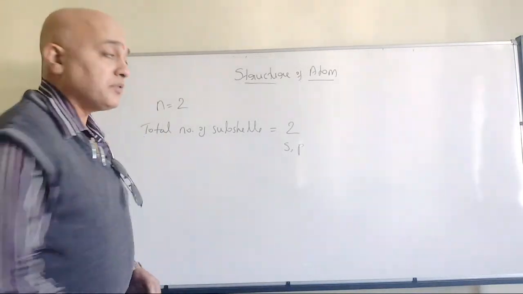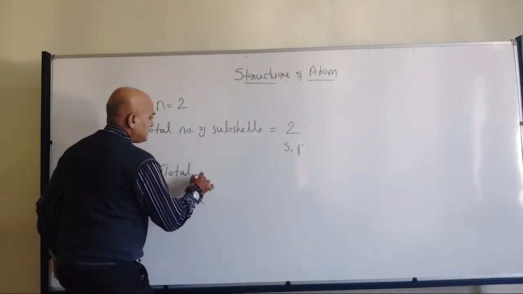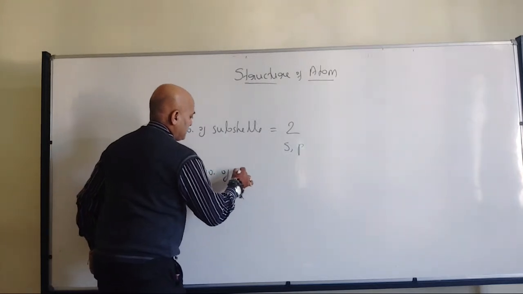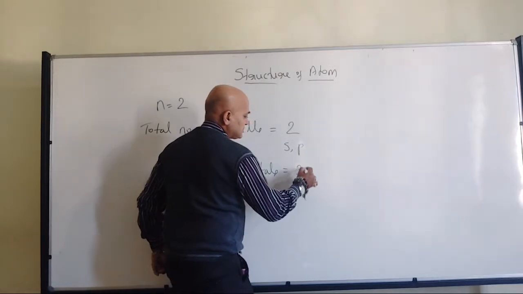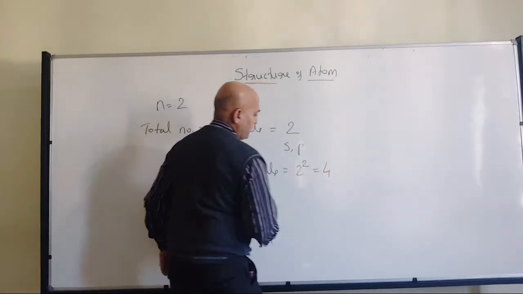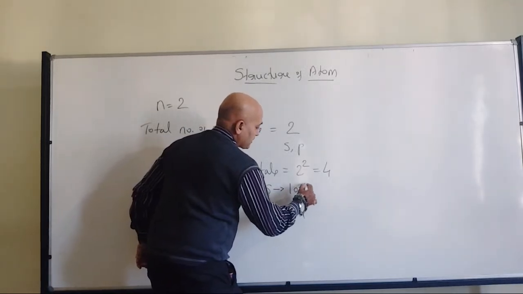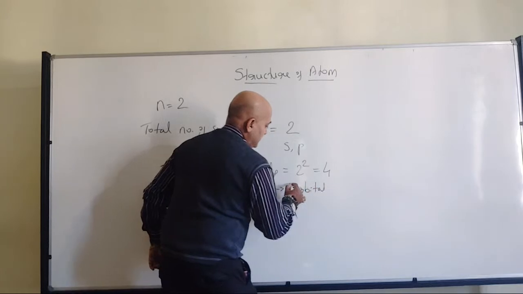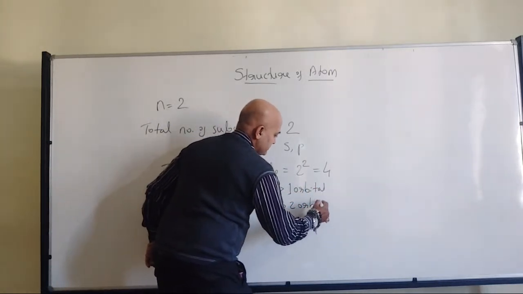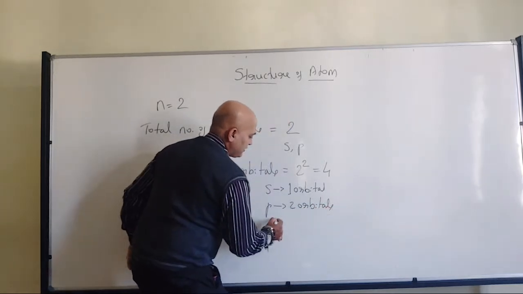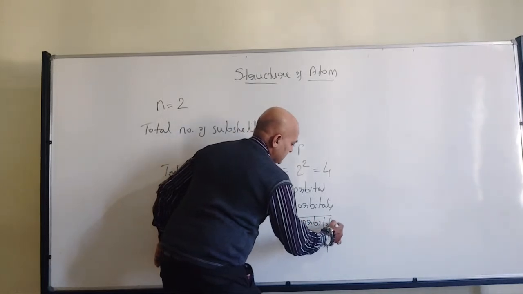Now, all of us we know that total number of orbitals will be 2 square is equal to 4. That is because S is having 1 orbital, and P is having 2 orbitals. So therefore, total 4 orbitals.